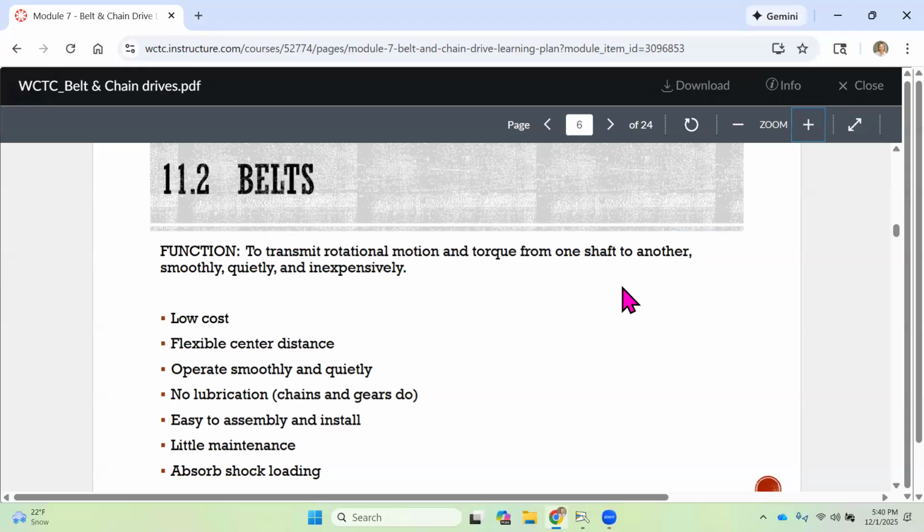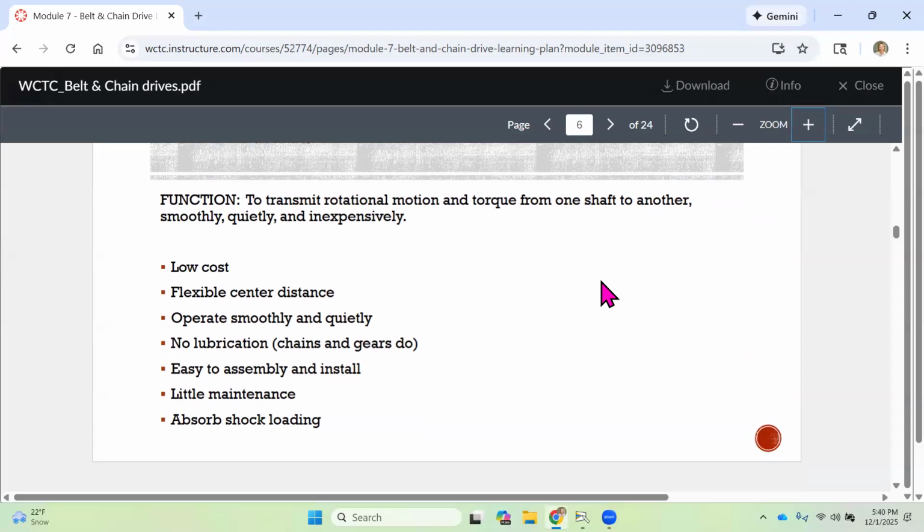First of all, they are always going to be low cost because belts, we're going to find out, are readily available, not only because they're mass produced, but the materials that they're made from are readily available too. So we've got rubber and fabric and steel, which aren't hard to come by, and they're relatively inexpensive to manufacture and put together. As we said earlier, we have that flexibility of positioning that center distance wherever we need it to be, whether it's further apart or closer together.